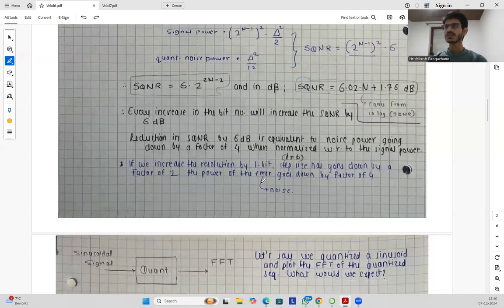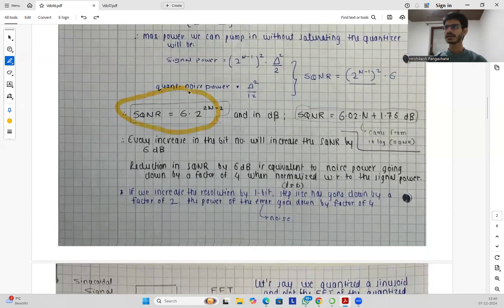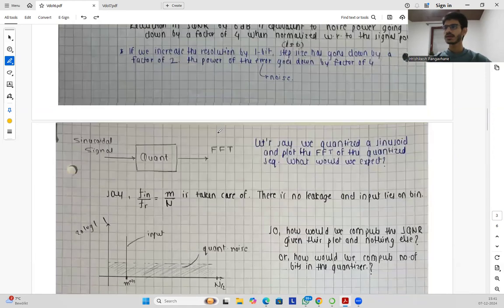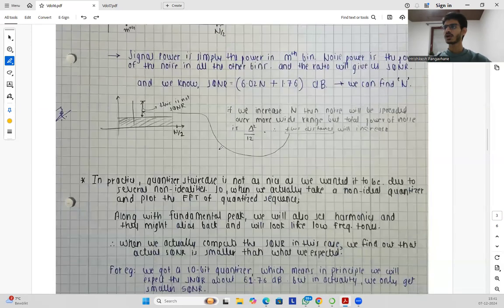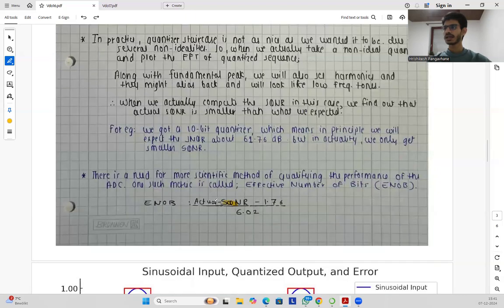So we saw that mathematically we can derive the SQNR, but for a practical, non-ideal ADC, the SQNR comes out lesser than the mathematically derived SQNR, and we saw the reason for that as well. And in the end, we also saw that the actual SQNR can be used to define a metric.